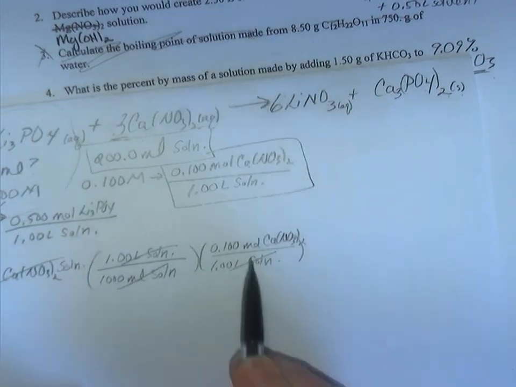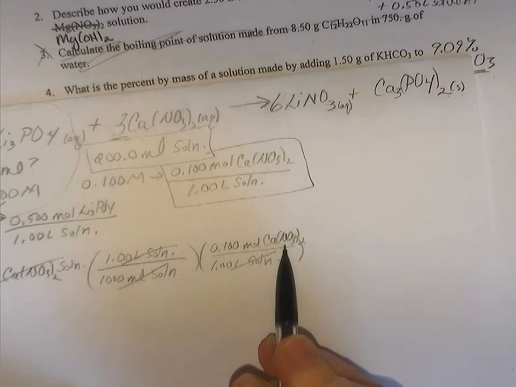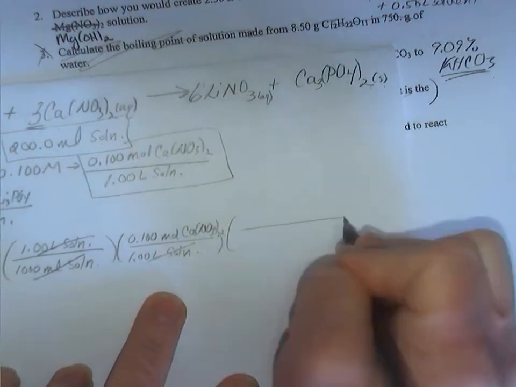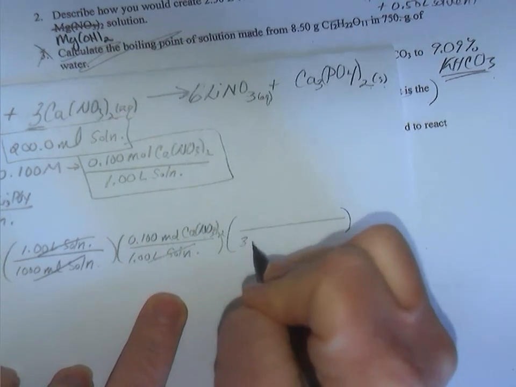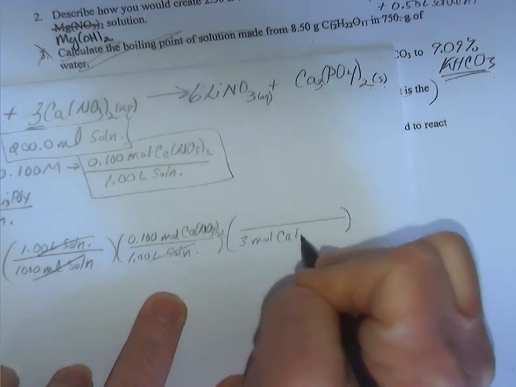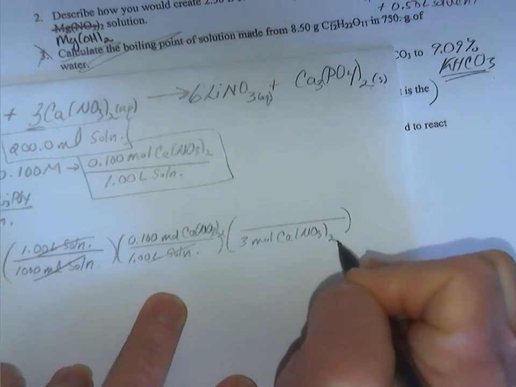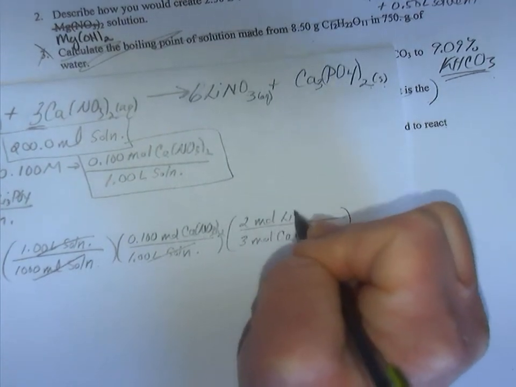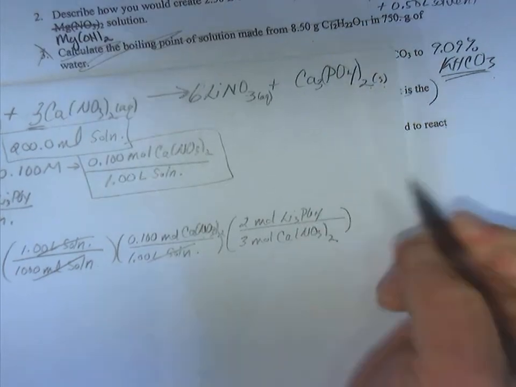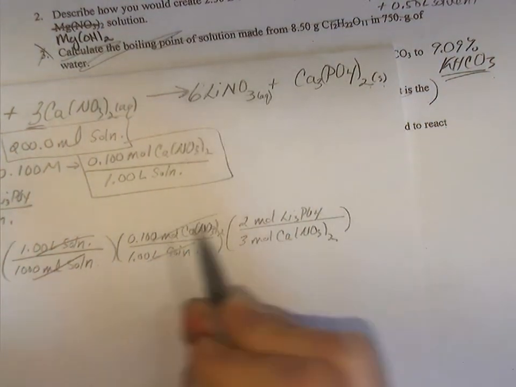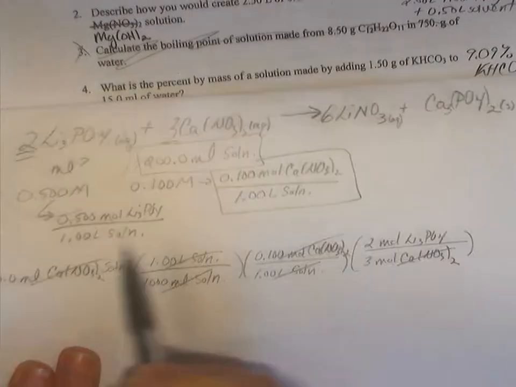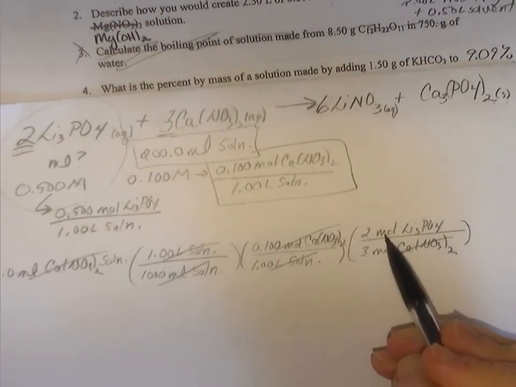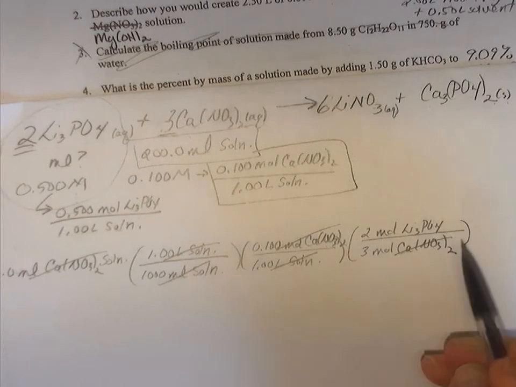Okay, now that I'm in moles, now I can go to the mole ratio of the reaction. And I determined that for every 3 moles of the calcium nitrate, it will need 2 moles of lithium phosphate to react. Okay, now I'm in terms of what I'm trying to find the answer of. But now I'll have moles of lithium phosphate.